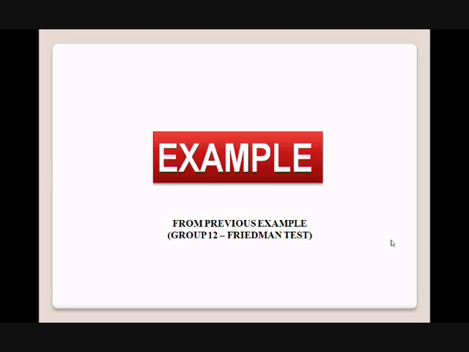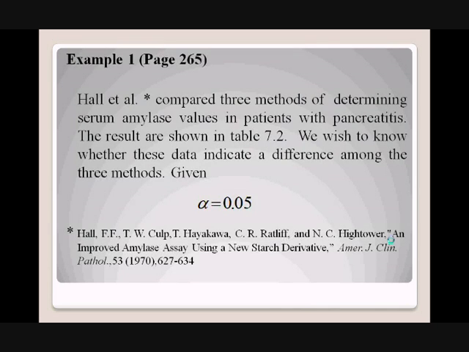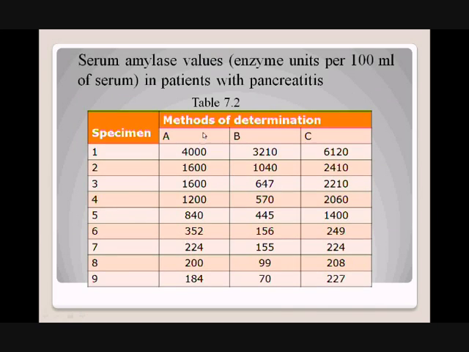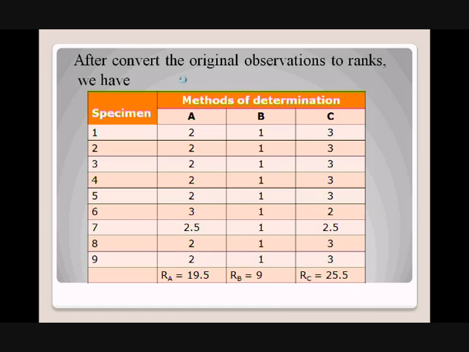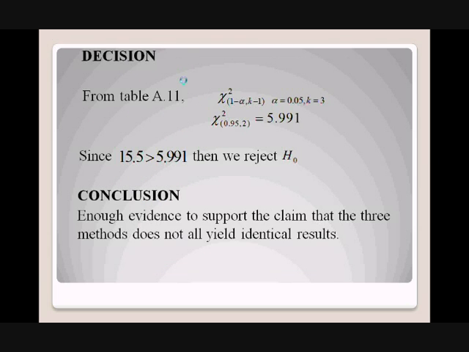We go through the example. This example we take from the Friedman test, and the claim is we wish to know whether this data indicates a difference among the three methods. Given that alpha is equal to 0.05, table 7.2 is the information given, and then we do the hypothesis test: the hypothesis, the statistic, then decision and conclusion.